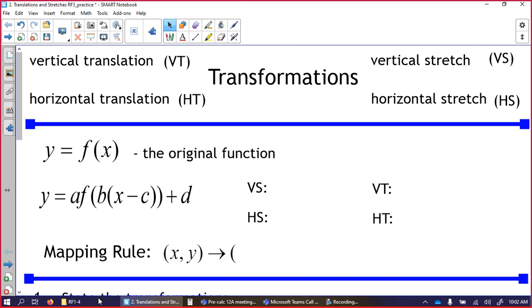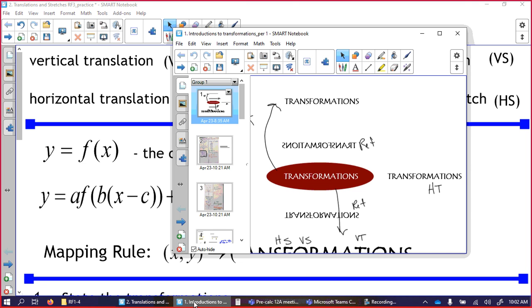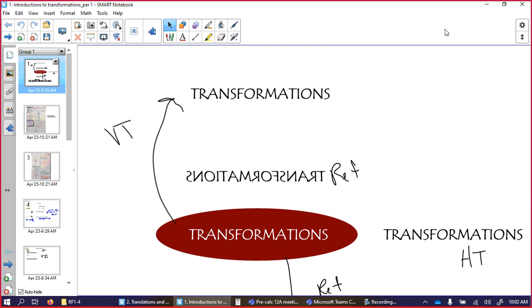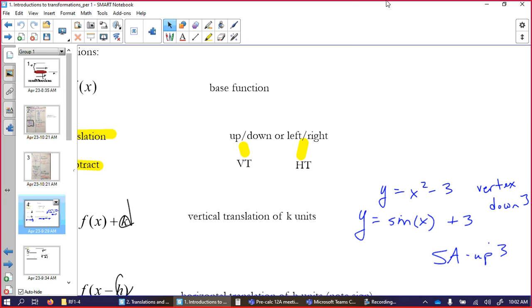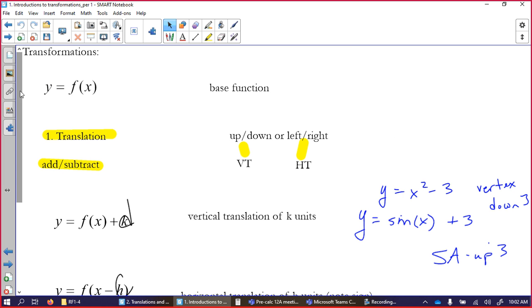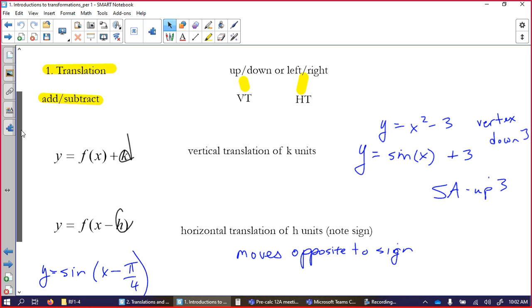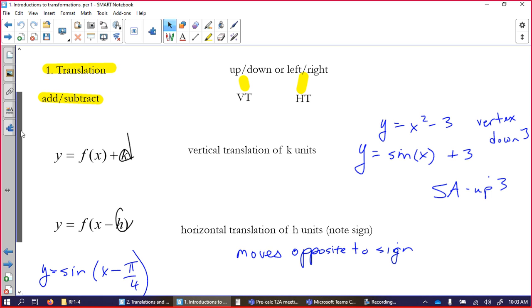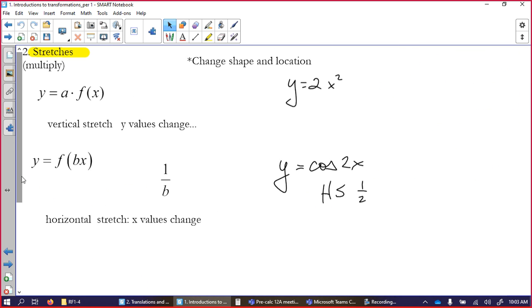from yesterday. Just to quickly recap, we talked about translations, which are moving something up or down vertically or left or right horizontally. Stretches: stretching in the y or the x direction.